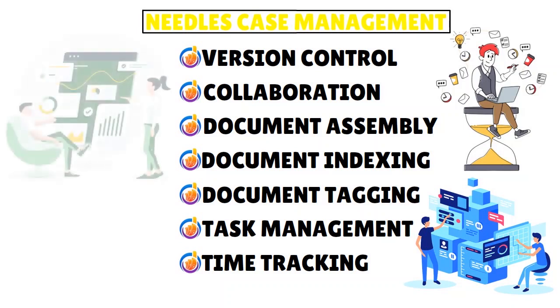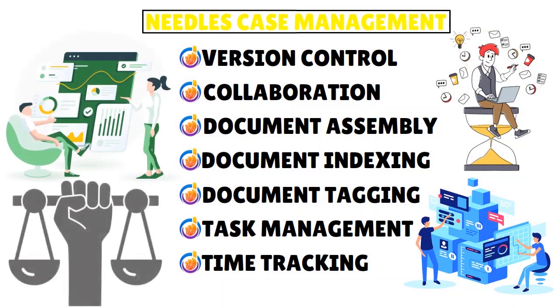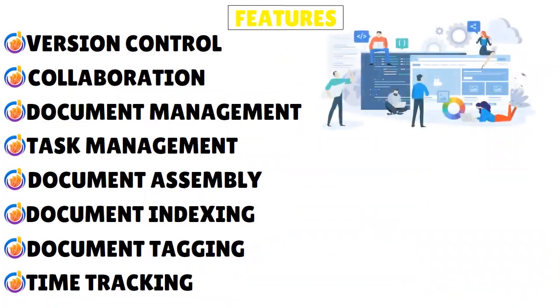And because Needles case management seems to be an all-in-one solution for case management, we love the fact that you are able to scale over time with Needles. I mean, the situation is kind of similar to Filevine also in terms of scalability. It's just that when it comes to features, as of the date of this show, Needles case management happens to have more features than Filevine.